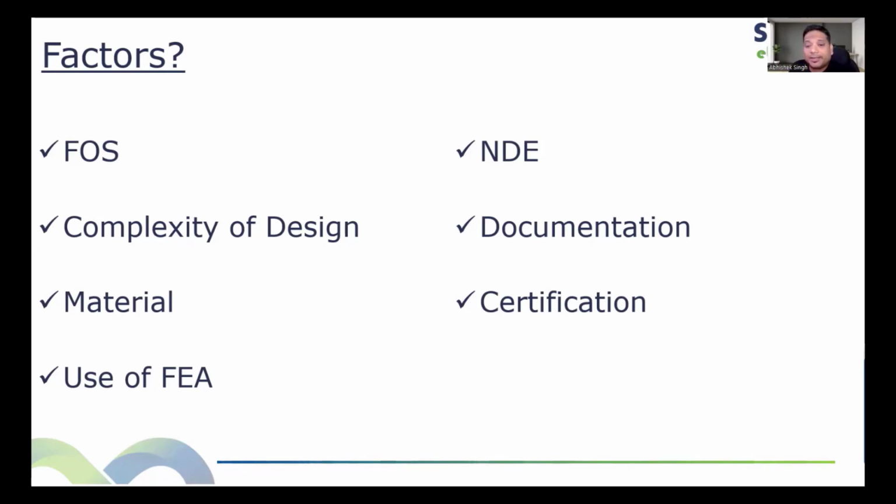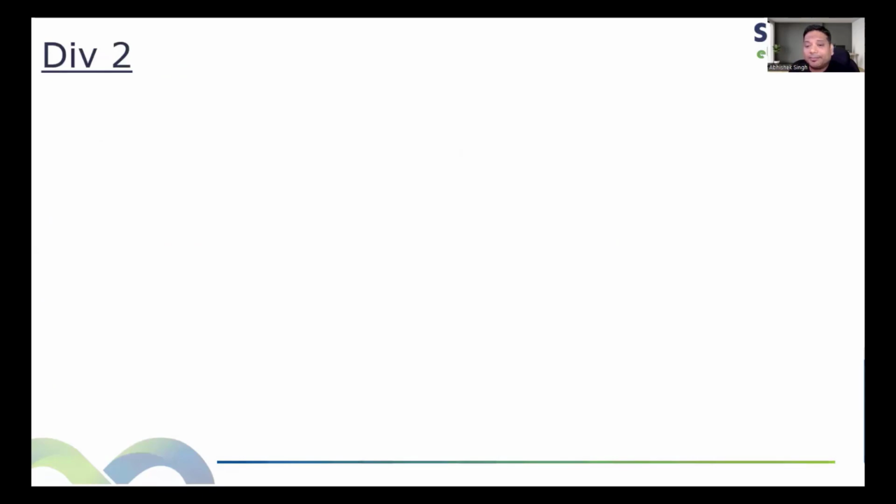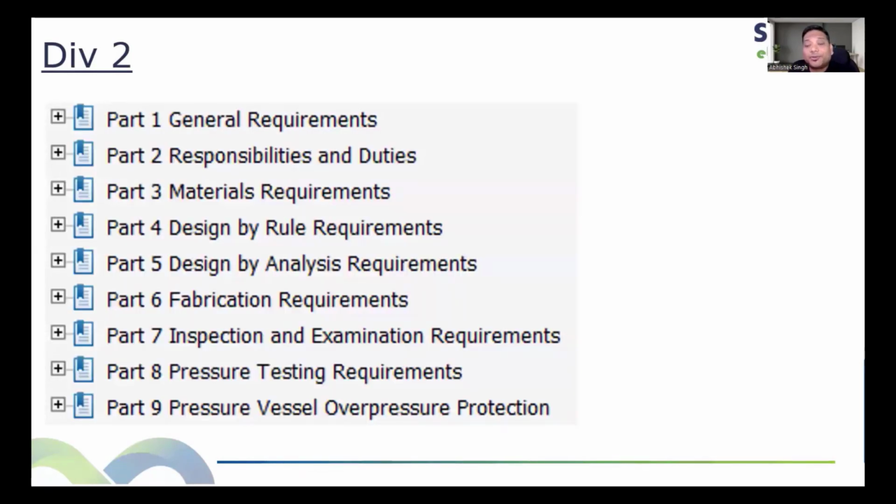Before we go into much detail, because many of you might not be aware of the structure of Division 2, we'll just highlight the structure for you. You can see the structure is completely different from Division 1, right? You can see Part 1 with general requirements.